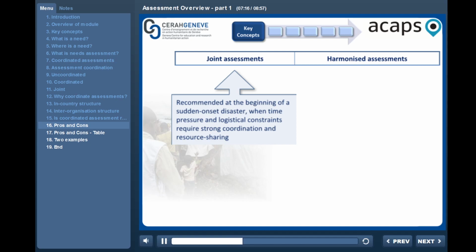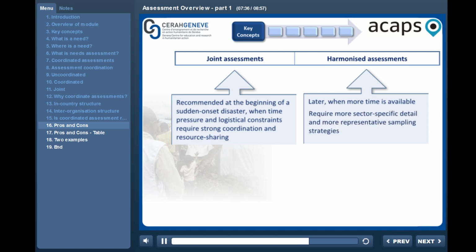Later on, harmonized assessments are usually more appropriate because more time is available to determine data standards, and the risks of delay do not heavily impact the result of the assessment in terms of initial response planning and fund mobilization. Sector clusters can then begin the kinds of assessment that require more sector-specific detail, the use of specialists, and possibly more representative sampling strategies.